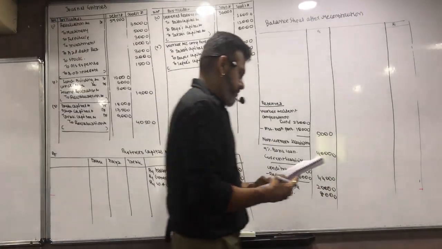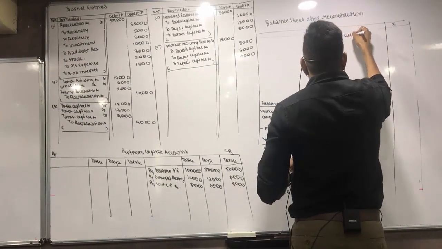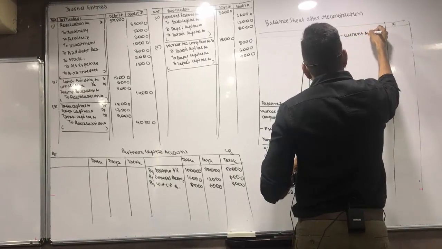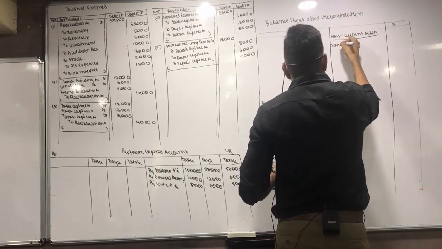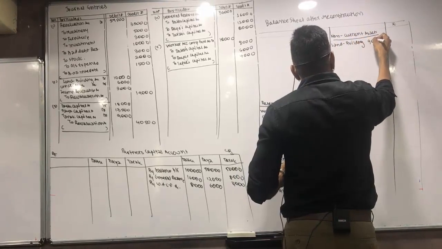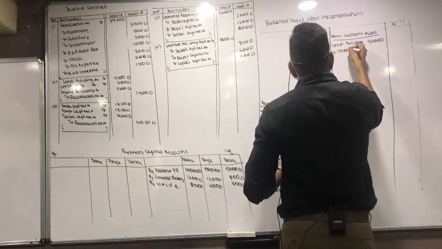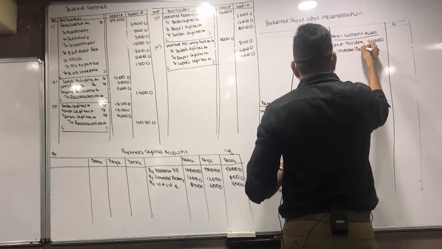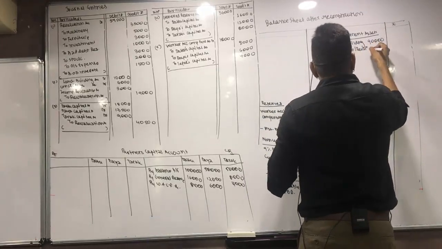Assets, non-current assets. Land and building, inner column 90,000. Increase, you can write increase or you can write revaluation. Textbook follows increase 10,000.